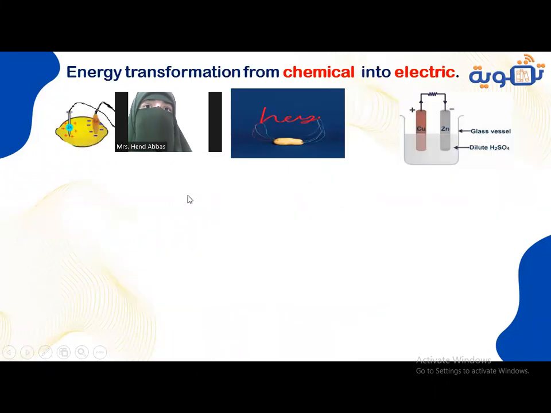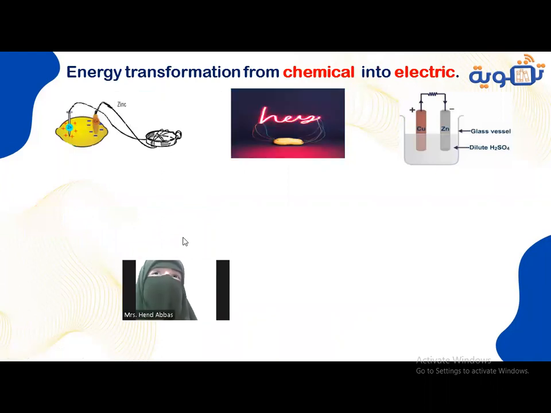Okay. Here we have the energy transformation from chemical to electric. All of these change chemical energy into electric energy. Inside the lemon there is an acidic juice, and inside the potatoes there is a salty solution. And here we have diluted sulfuric acid. Chemical reactions happen inside them.